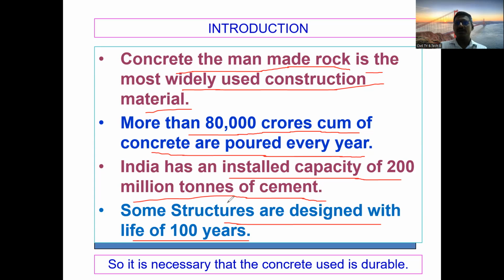It means the concrete we are making is man-made. Every year we are pouring 80,000 crore cubic meters of concrete into structures, and for that we are manufacturing 200 million tons of cement every year in India, and we are expecting the life of the structure to be 100 years.